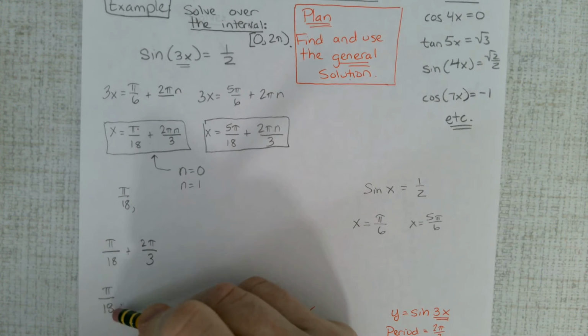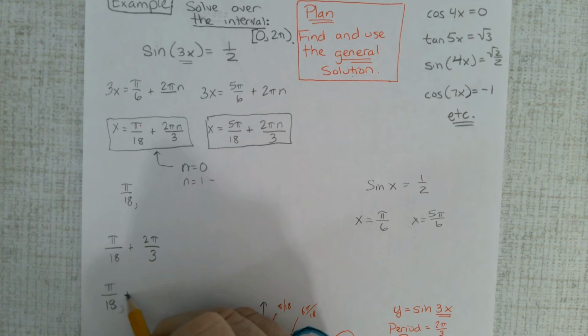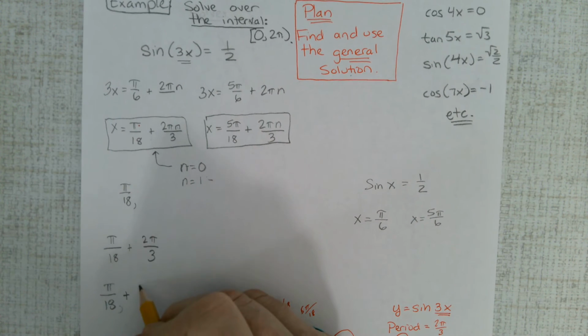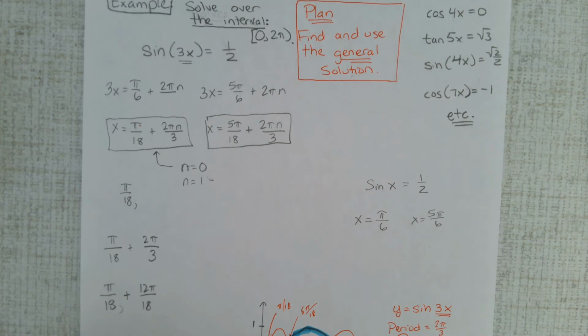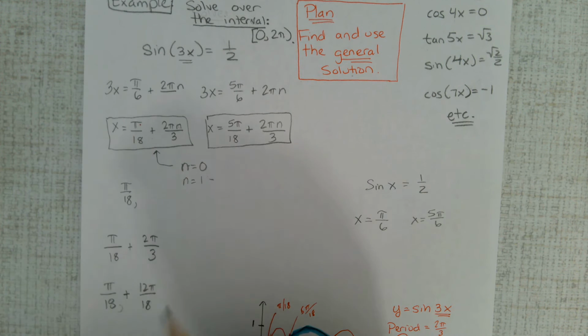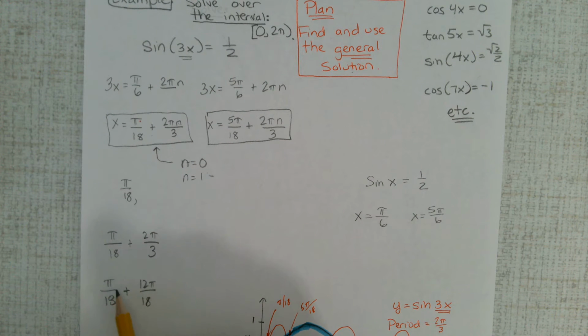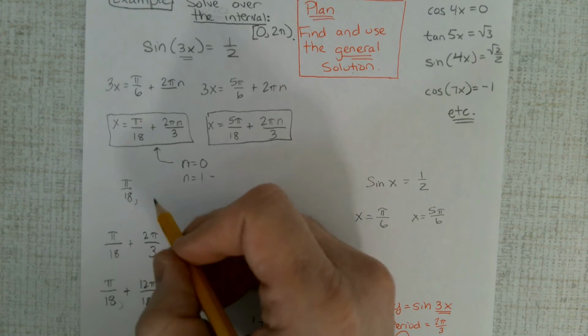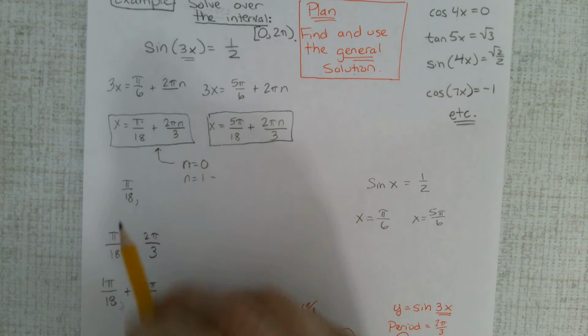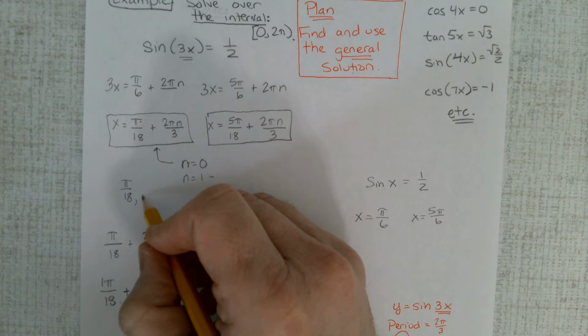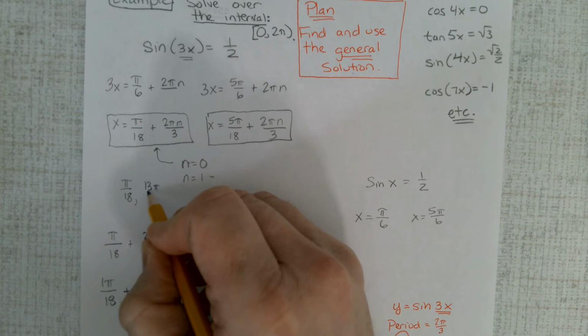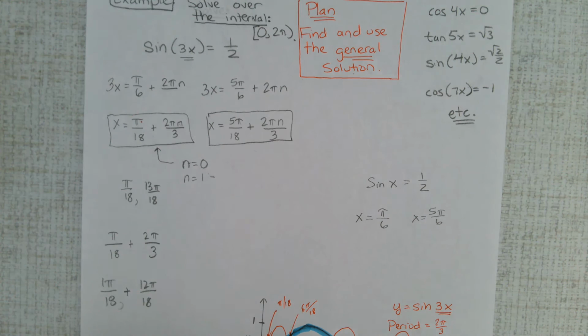Common denominator: times this by 6, that's 12 pi over 18. So you see what's going to happen. I'm going to add on 12 pi. My first solution is pi over 18, and plus 12 would be 13 pi over 18.